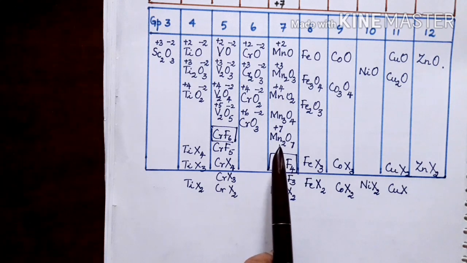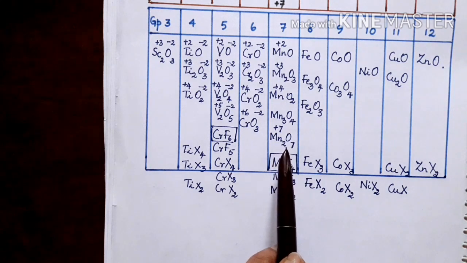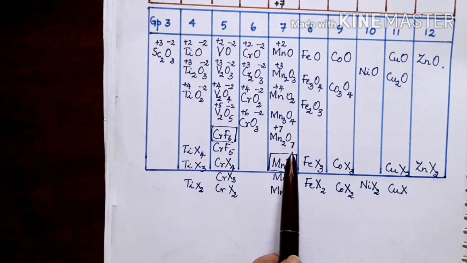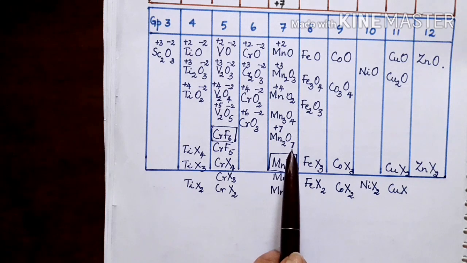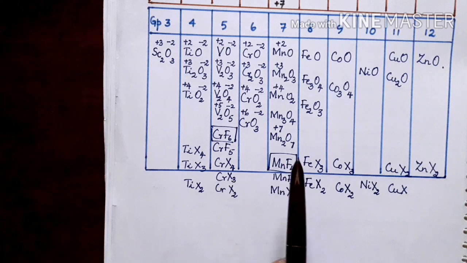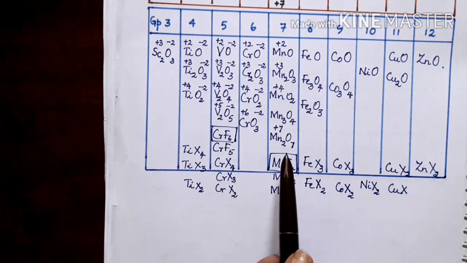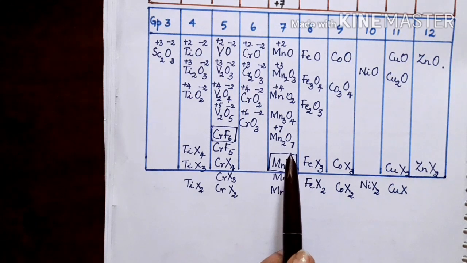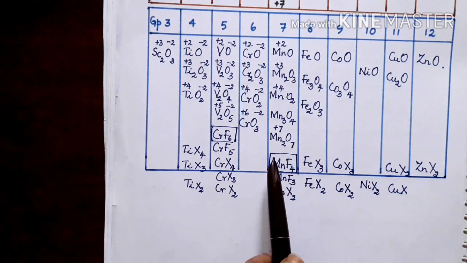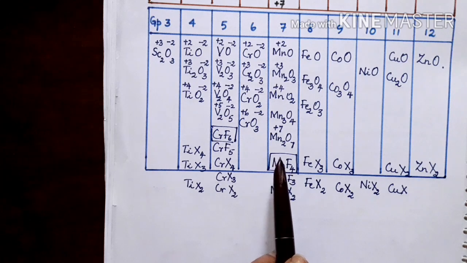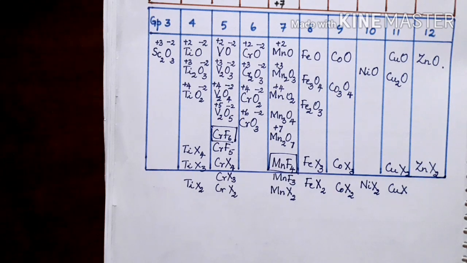Coming to the oxides, oxygen is also a small atom with high electronegativity, so it can oxidize the metal attached to it very easily. In addition to that, oxygen also has the capacity to form p-pi multiple bonds or double bonds, due to which it shows the highest oxidation state in its oxide. Hope it is clear.